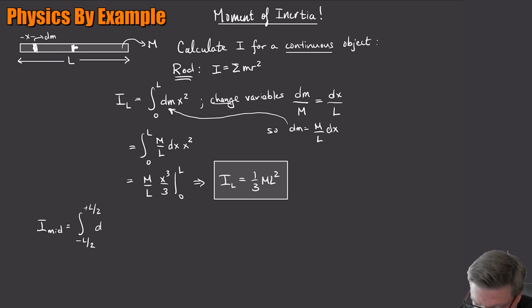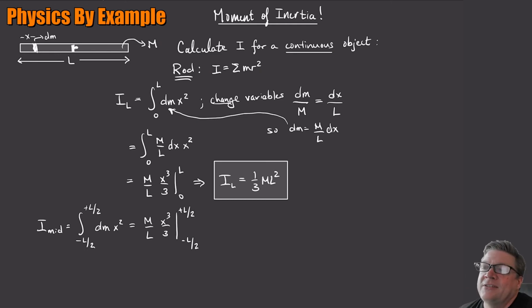This is going to be dm x squared. And once again, we use the same change of variables trick. So it looks like we're going to have m over L. We're going to have x cubed over 3 when we do the integral, except now the only difference is we're changing the limits of integration. Let's see what happens there.